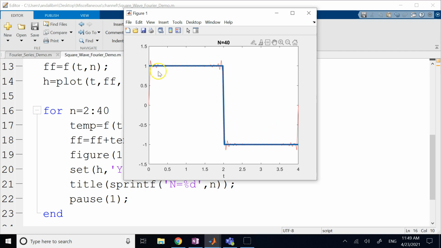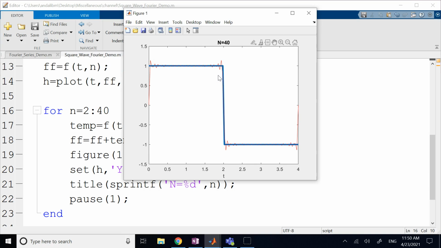But if your underlying function is a smooth function, like a sine or cosine function, or any function that does not have sharp corners, then you do not need tons of these terms. As long as the magnitude of these ripples is negligible for your application, then you can say that's good enough for me.